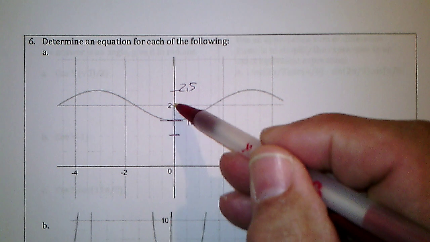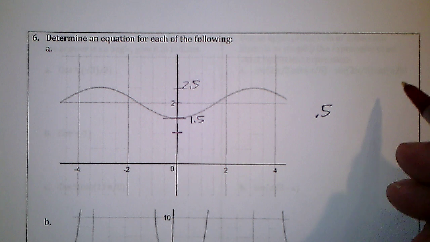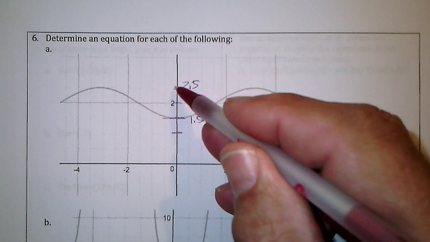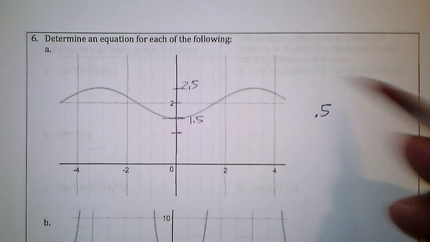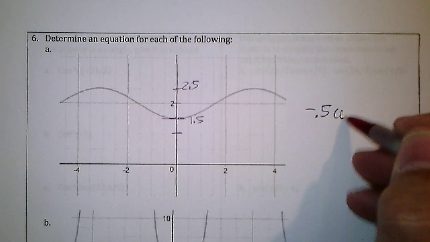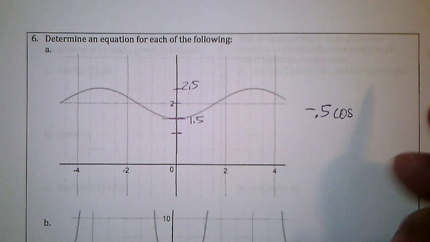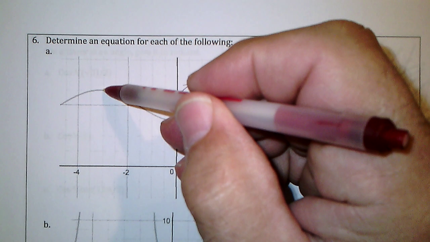So the amplitude is 1/2. It's starting on the bottom; cosine starts at the top, sine starts in the middle on the center line. The center line's at 2. So this looks like a negative cosine with that amplitude.